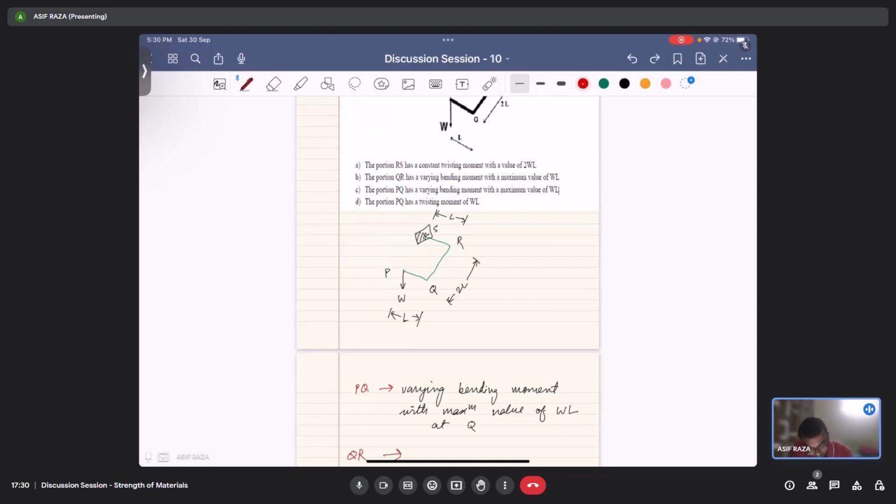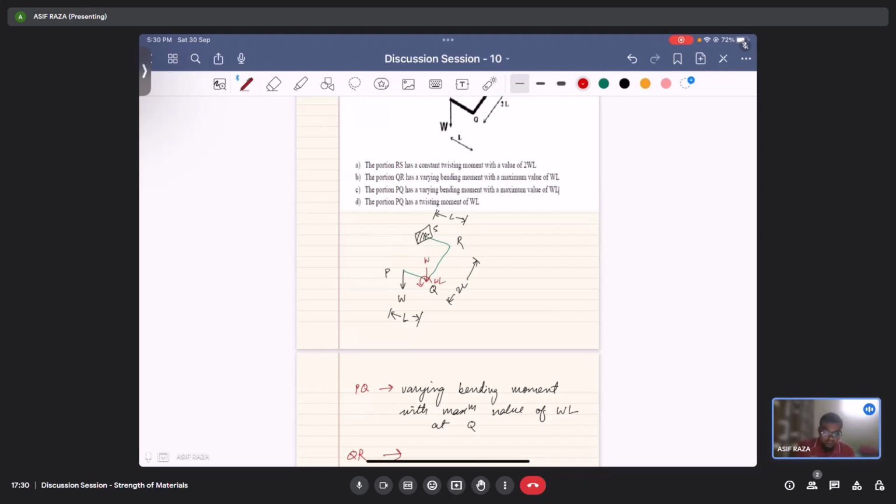So the case of QR, we need to picturize. Now the load has been transferred to Q and there is a bending moment here. So for QR, the load is W and the bending moment value is WL.